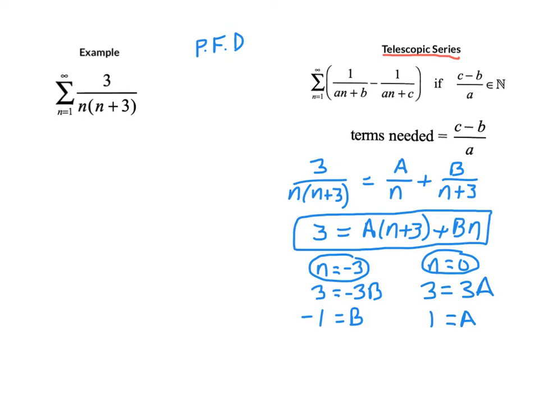And so then when we rewrite the series that way, we see that in fact this is going to be telescopic. We have the summation from 1 to infinity of A, which is 1 over n, and then plus B, so B is minus 1, so it's going to be minus 1 over n plus 3.